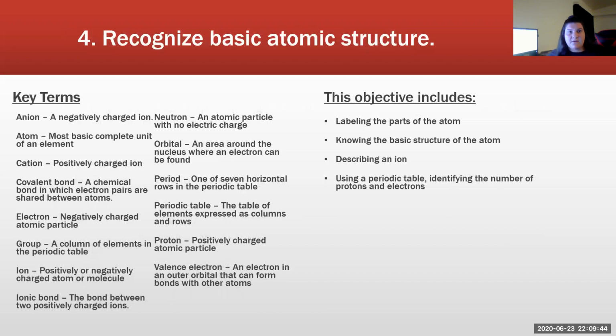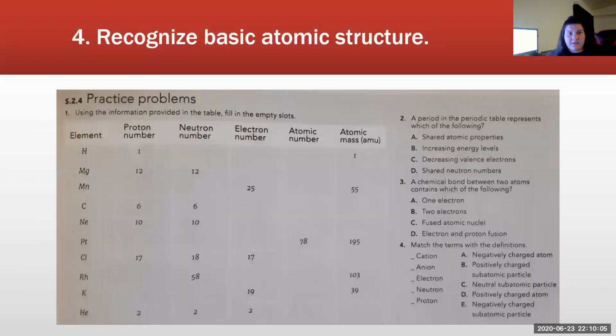Moving on. Recognize basic atomic structure. So again, pause, review, and we'll move on, because you need to be able to label parts of an atom and understand the basic structure of an atom, describe an ion, and using a periodic table, identify the number of protons and electrons. So again, we have another table that I took directly out of the ATI TEAS study manual.